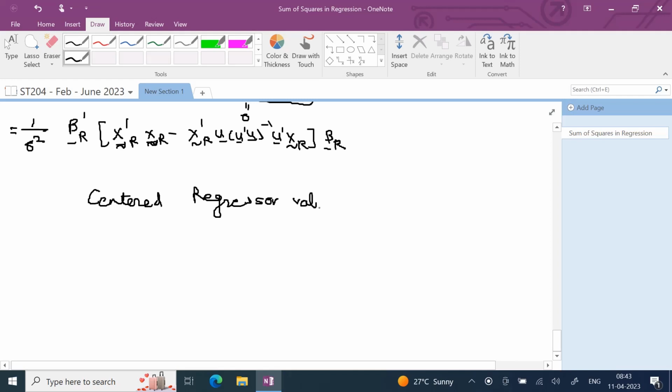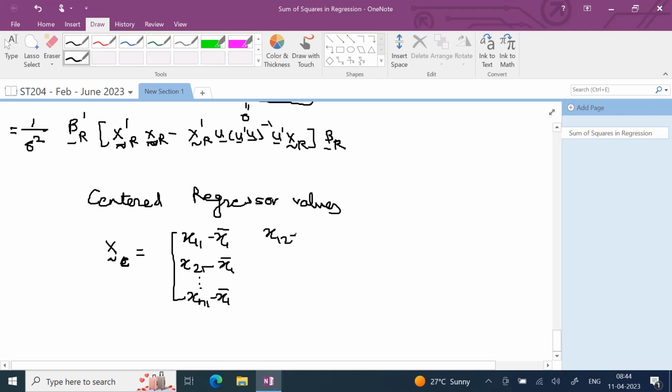From every regressor value, I will subtract its own mean. So my centered regression matrix is x11 minus x1 bar, x21 minus the same x1 bar, up to xn1 minus x1 bar.